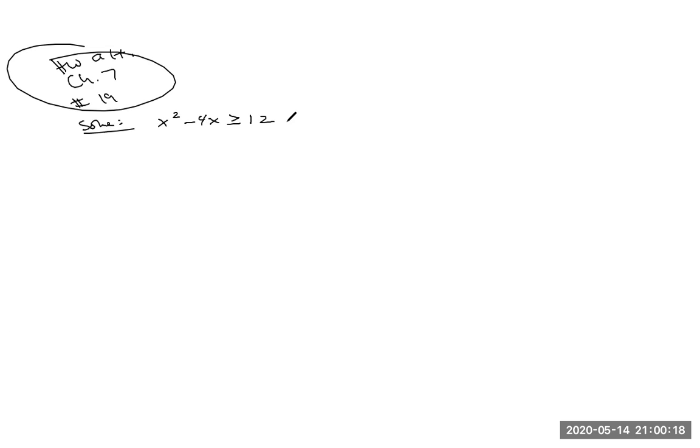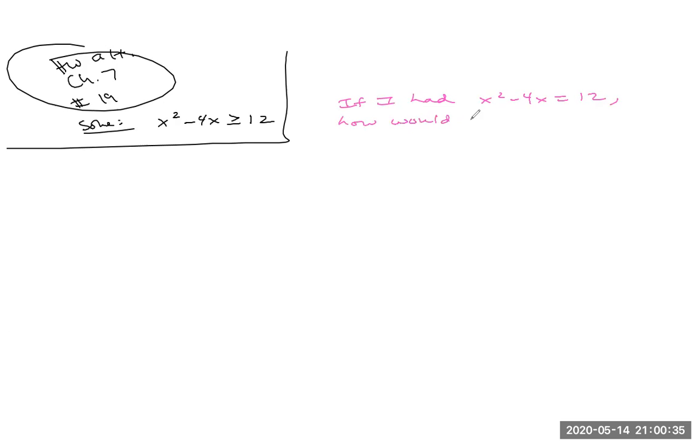Okay, so the first thing I want you to think about for this particular type of problem is if I had x squared minus 4x equals 12, how would I solve for x? Well, remember, I would need to get all of my terms to one side.